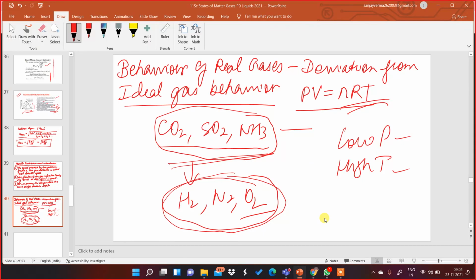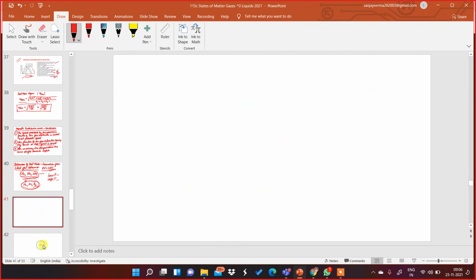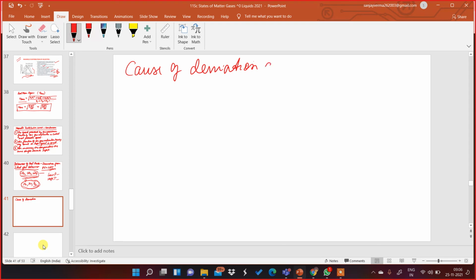Now, what is the cause of deviation from ideal behavior? The main cause of deviation of gases from ideal behavior is the force of attraction. The force of attraction or repulsion between the molecules may not be negligible. So, I'm going to write it down. Cause of deviation of gases from ideal behavior.